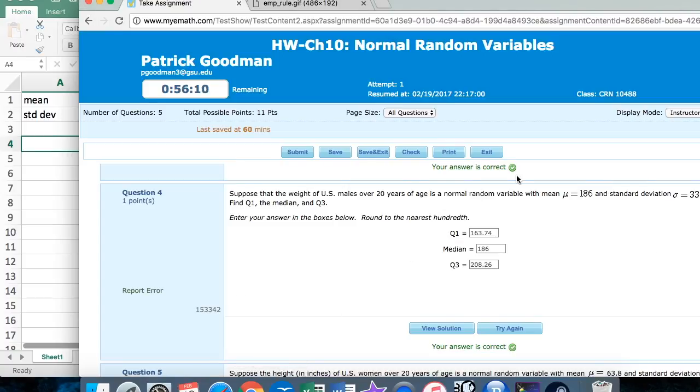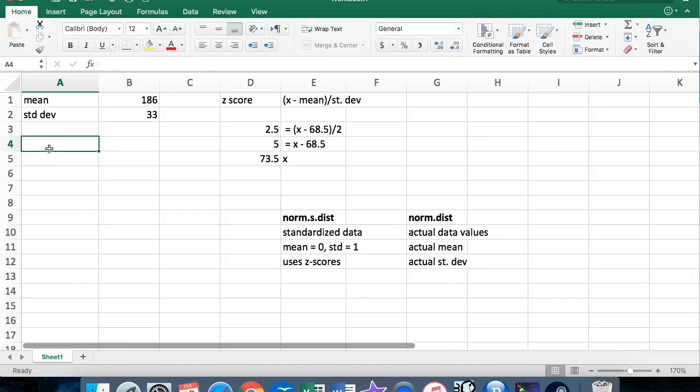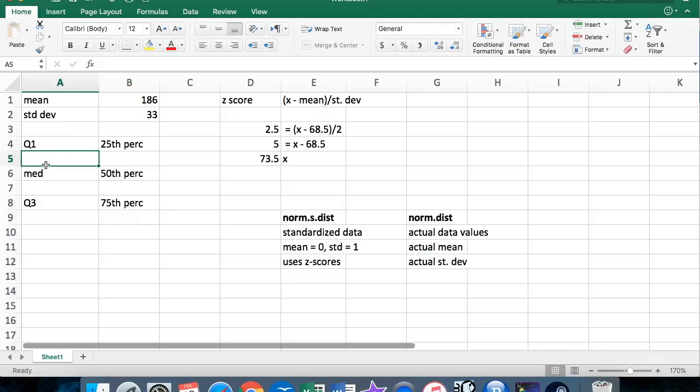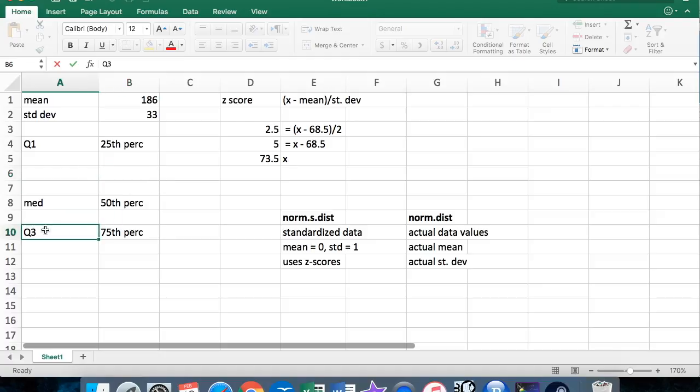So now we want to find our Q1. So Q1, and then our median, and then we have our Q3. So now Q1, remember, 25th percentile. This is the 50th percentile, and this is the 75th percentile. Okay, so just below these, I'll do one more, so that way they don't jumble up too much.